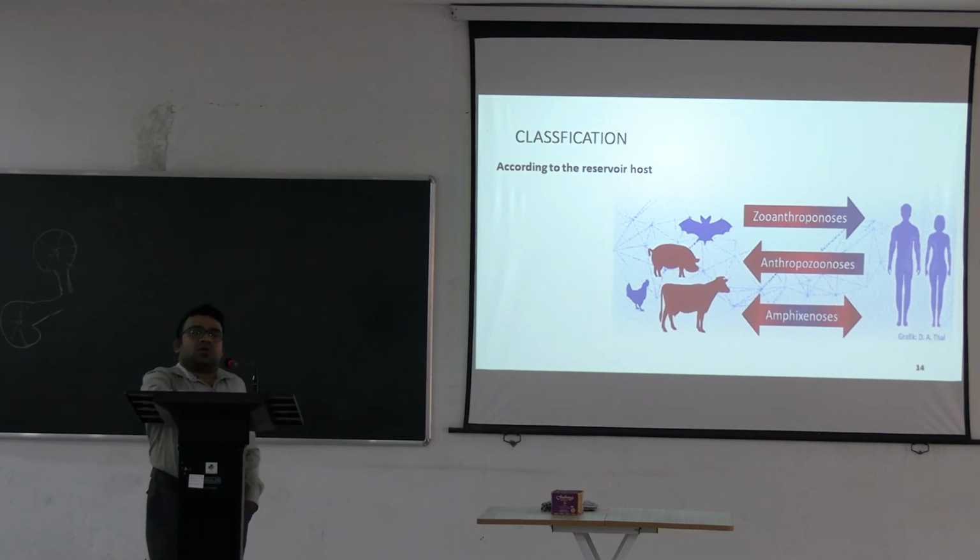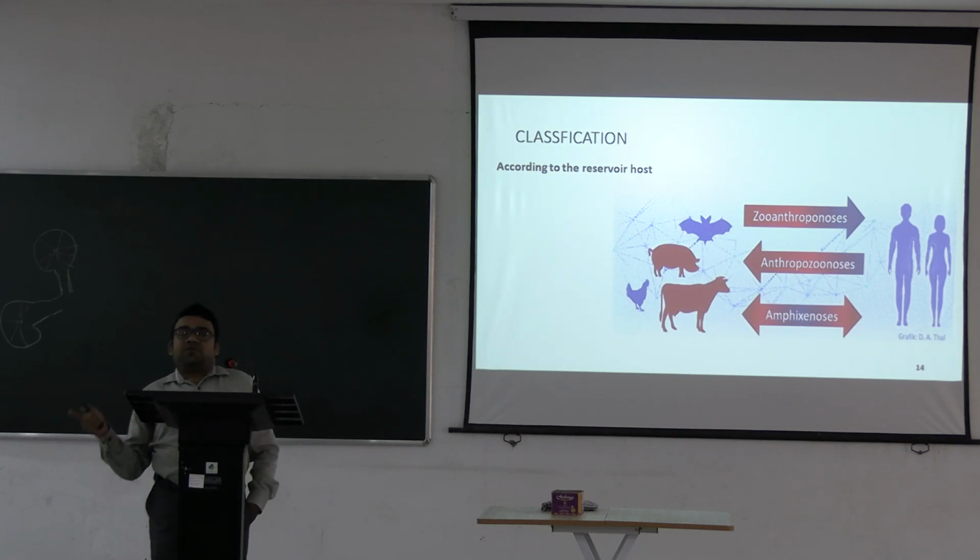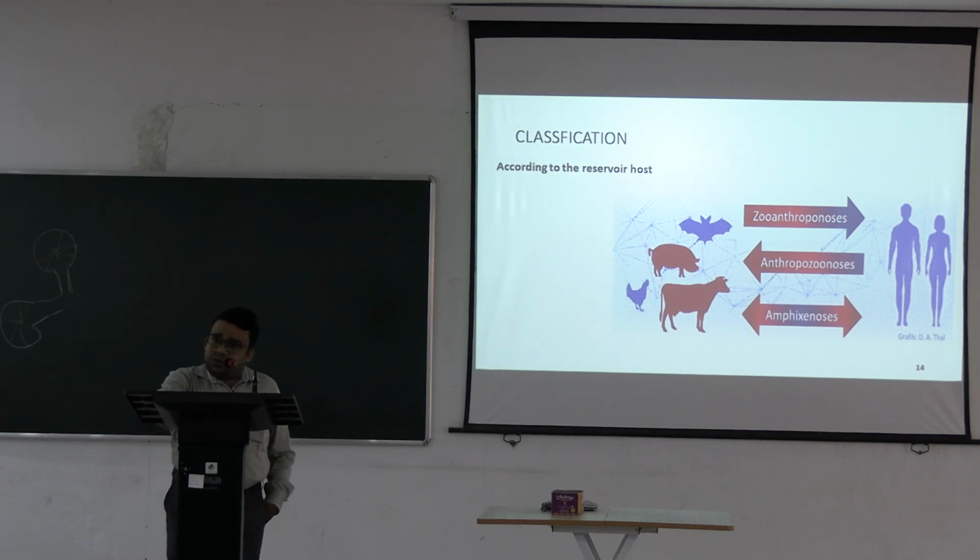Similarly, some diseases are also transmitted the other way around, that is, from human beings to animals, like diphtheria. Diphtheria can be transmitted from human beings to, say, a domesticated cat or domesticated dog or even cows. Similarly, amphizoonoses are those diseases which can easily transmit from animals to human beings and vice versa.